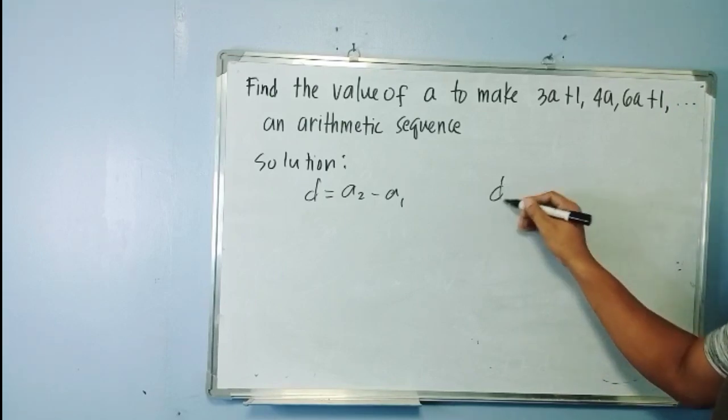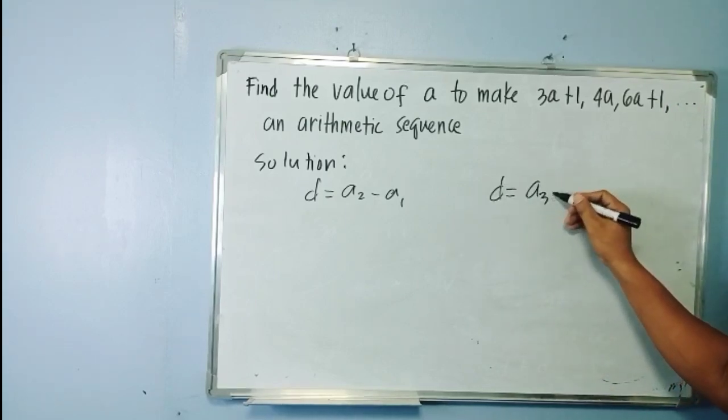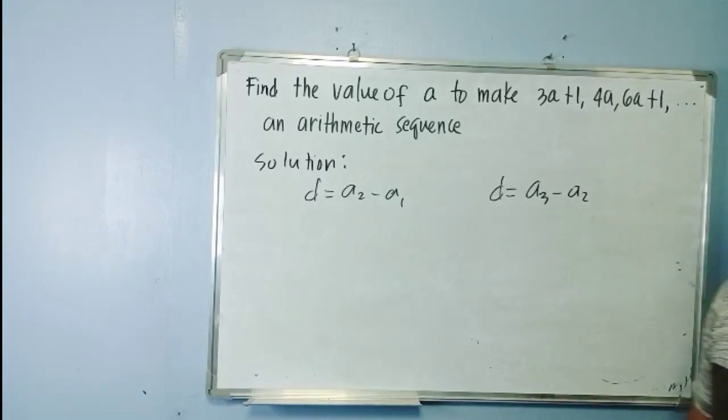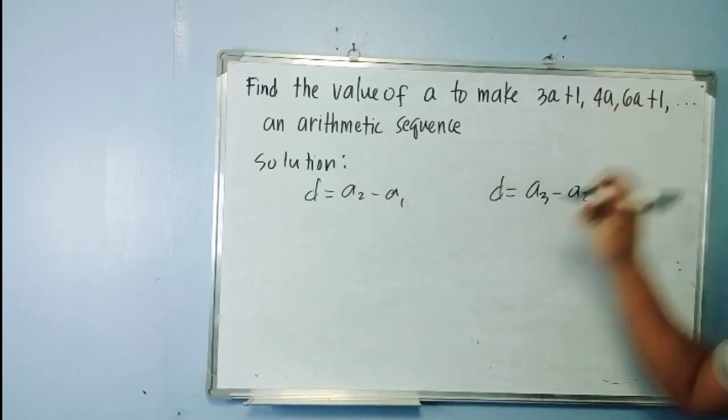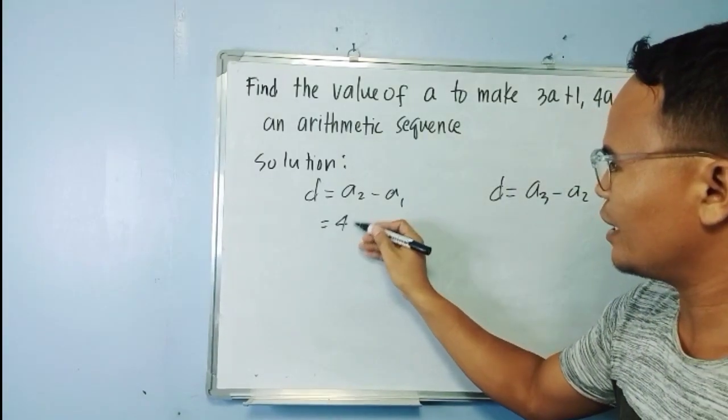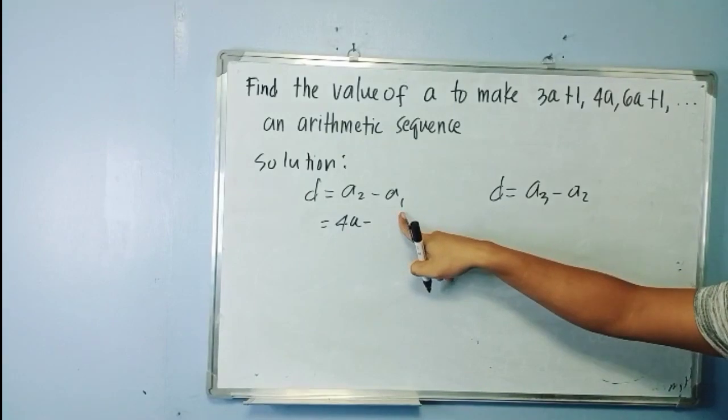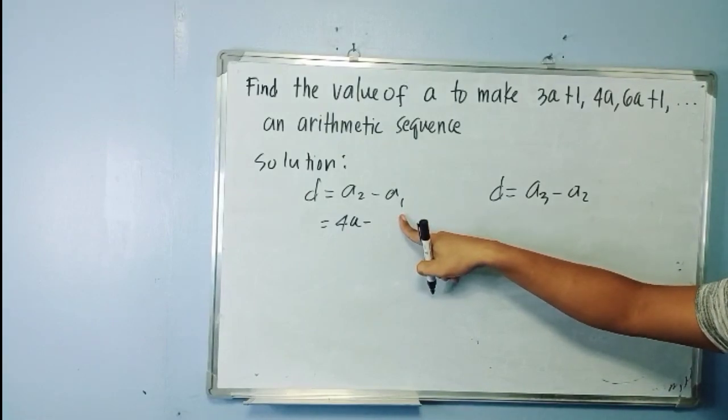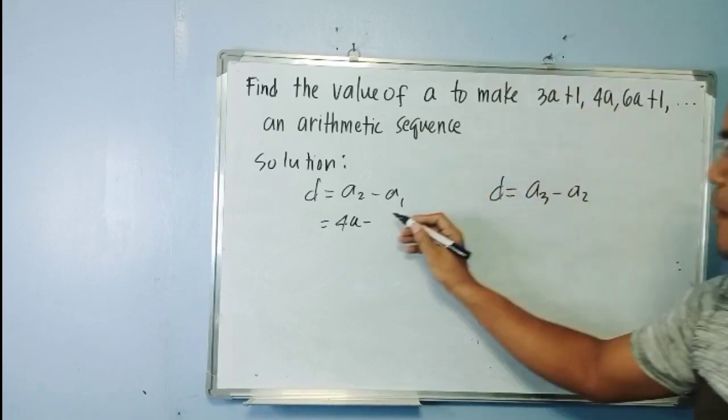And the other one, d, is equal to a sub 3 minus a sub 2. Substitute, a sub 2 is 4a minus, what is our a sub 1? A sub 1 is equal to 3a plus 1.